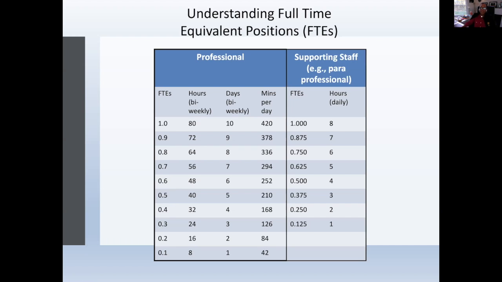So you have the 10 that's full time, and then you're left with the 0.6. You have to quantify how to use it. So here's another little formula. If you're 0.6, that means it's 48 hours biweekly, and it also means that we are 6 days biweekly, and we are providing 252 minutes of instruction every day. That is what a 0.6 can do.